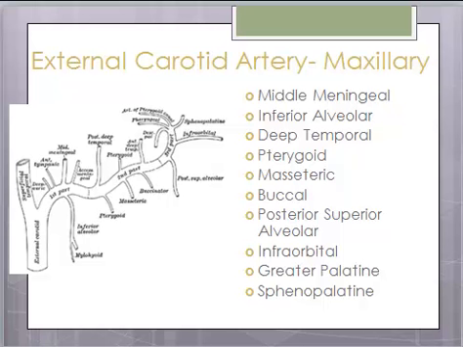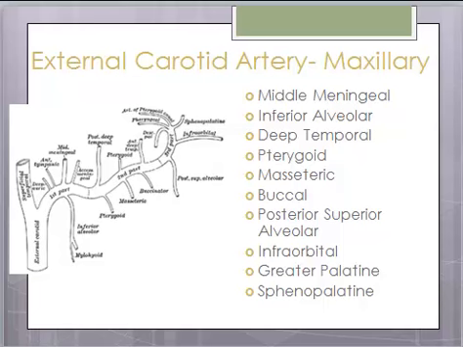All right, so it's external carotid, so we can say aorta, then common carotid, then external carotid, then maxillary, and then that further divides into the middle meningeal, the inferior alveolar, so I bet that goes right down to the mandible, the deep temporal, the pterygoid, the masseteric, the buccal.